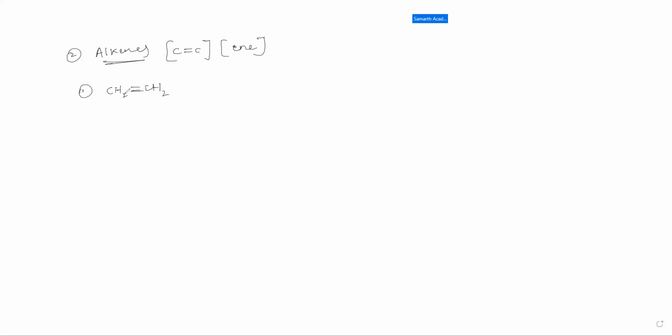So what is the compound name? Two carbon atoms with a double bond are present. So that is eth. Root word is eth and ene. Three carbon atoms present, so that is propene, propene.